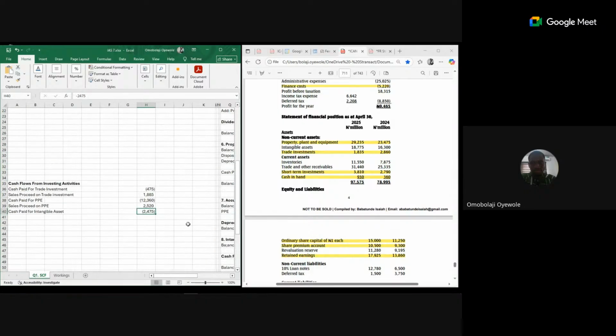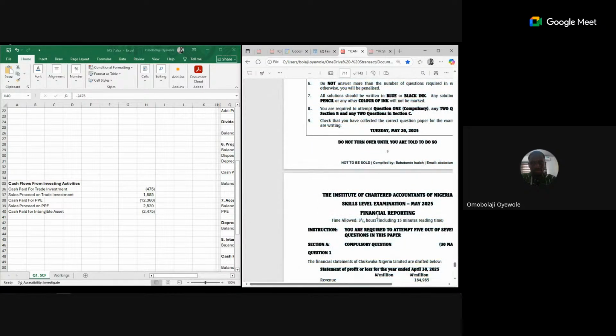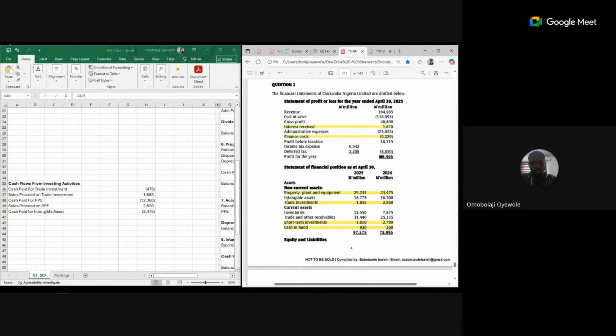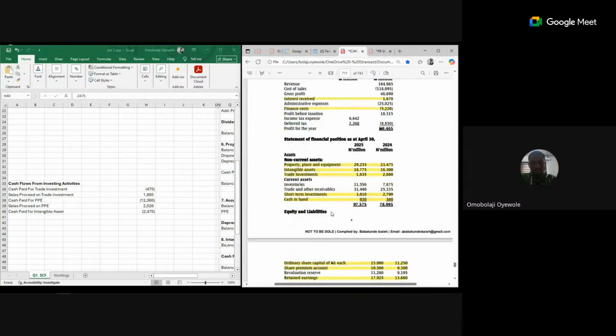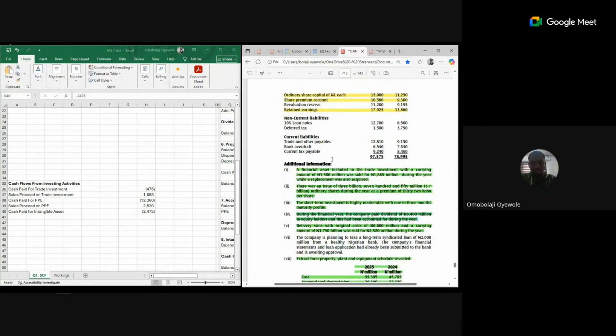Okay, let's see, I guess these intangible assets. What is wrong with this mouse? Okay, so let's highlight this. They said the company is planning to take a long-term syndicated loan of 22,000 million from a healthy Nigerian bank.